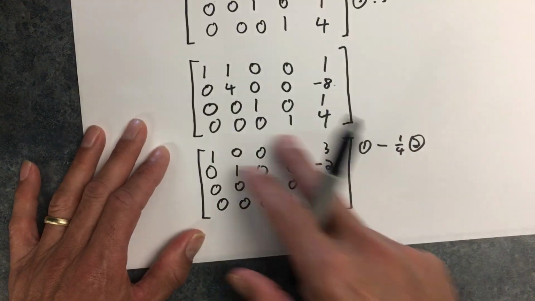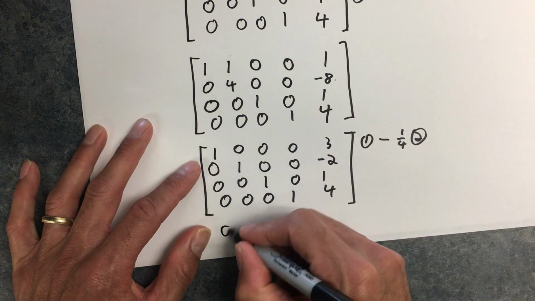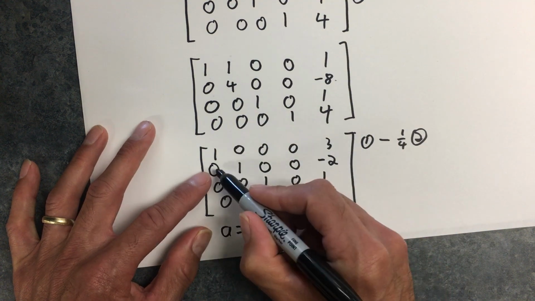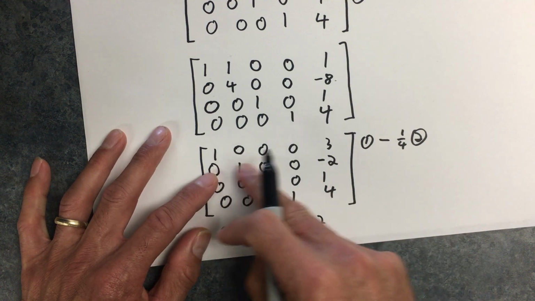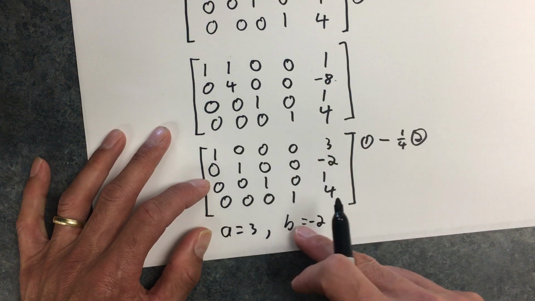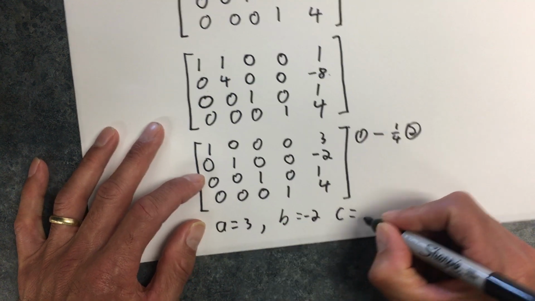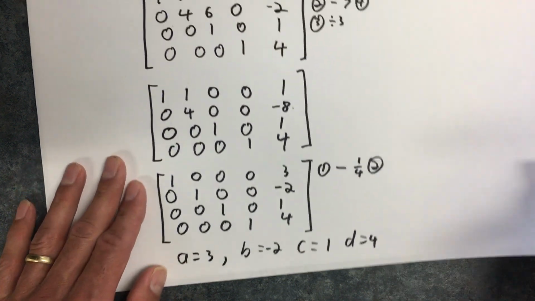The reason why this is so nice is it's telling me that 1A is equal to 3. A is 3. B is equal to negative 2. And because there's nothing else here, it's like B plus nothing plus nothing plus nothing is equal to negative 2, so B is negative 2. C is 1, and D is 4.